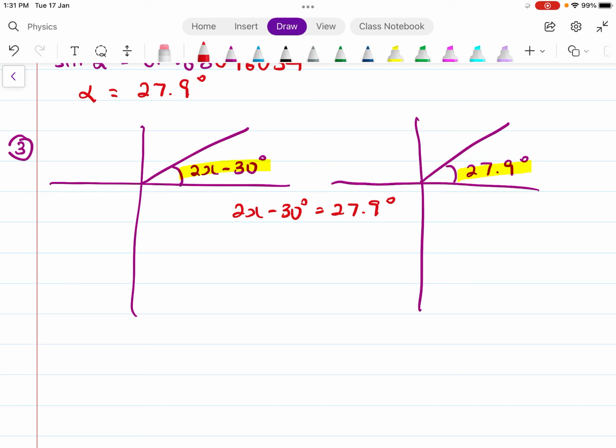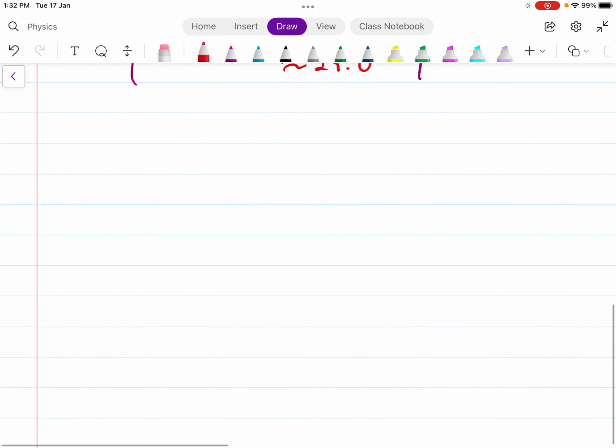Then 2x is equal to 30 plus 27.9, which gives 57.9 degrees. So x is equal to 57.9 divided by 2. You should get roughly 28.95, but you just round it off to 29.0 degree. So that is the very first answer for x. Now I go on to the second quadrant.